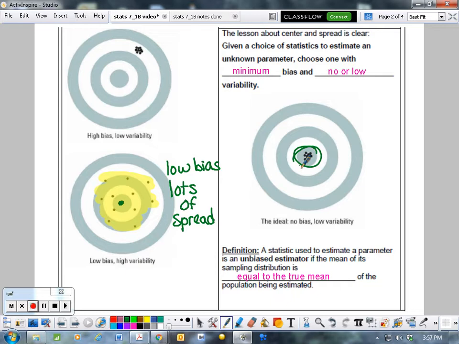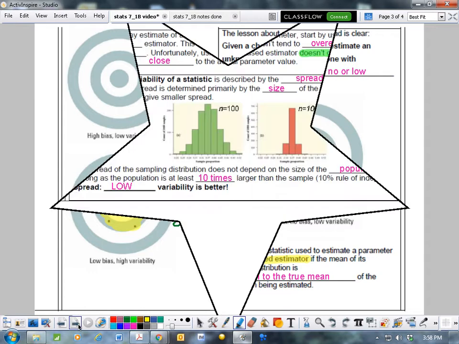Now, a statistic is used to estimate a parameter. A statistic used to estimate a parameter is an unbiased estimator if the mean of the sampling distribution is equal to the true mean of the population being estimated. That's a really important term that you need to know. Trust me, it'll be on your test.